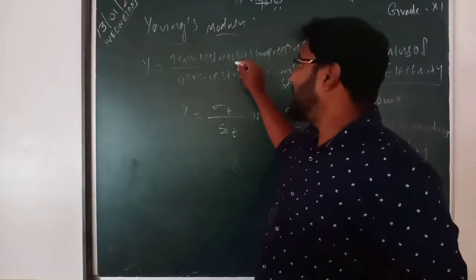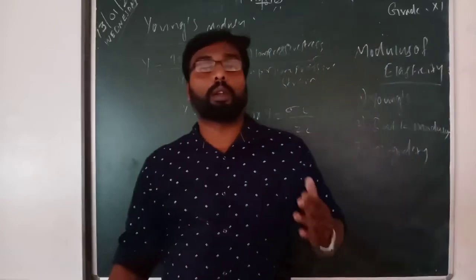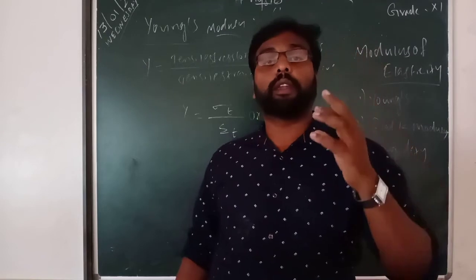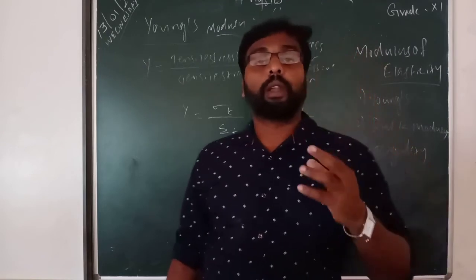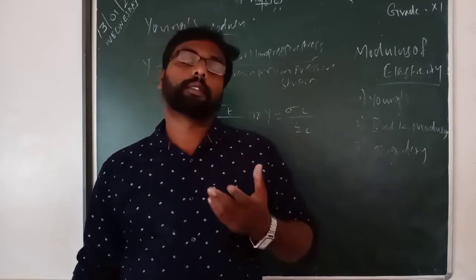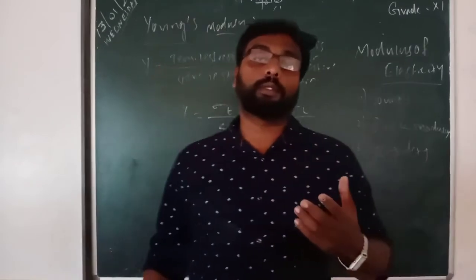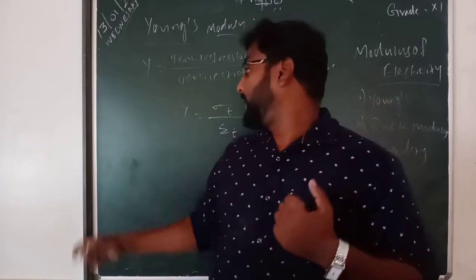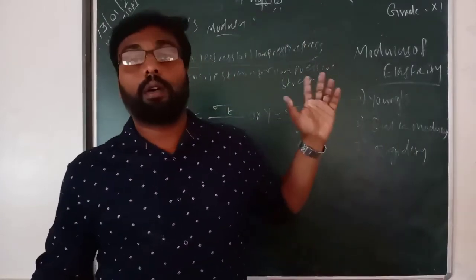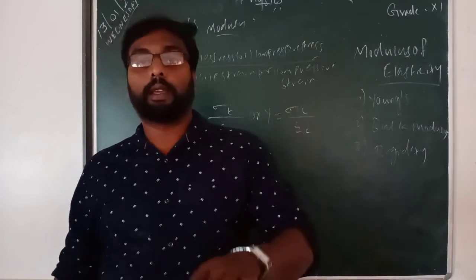So the first one is Young's modulus. Young's modulus means the ratio between tensile stress and tensile strain, or compressive stress to compressive strain. So Y is equal to sigma t by epsilon t, or sigma c by epsilon c.